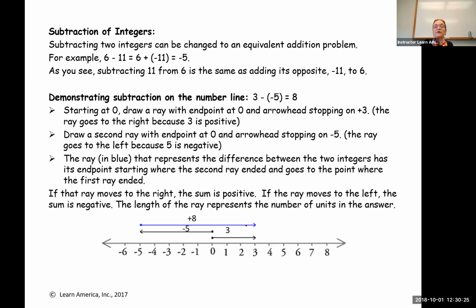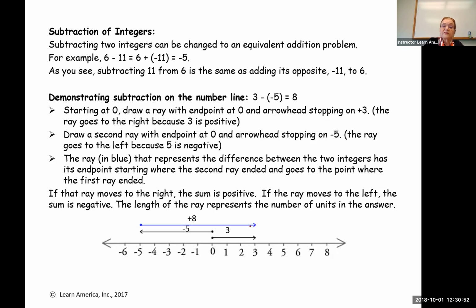So starting at 0, draw a ray with the endpoint at 0, arrowhead stopping at 3. The ray goes to the right, of course, because the 3 is positive. A second ray starts at 0, arrowhead stopping at -5. The ray goes to the left because 5 in this case is negative. The ray in blue represents the difference between the two, and this has its endpoint starting where the second ray ended, and goes to the point where the first ray ended.